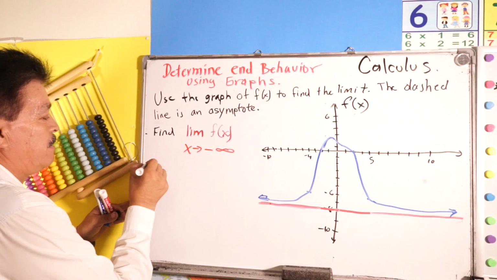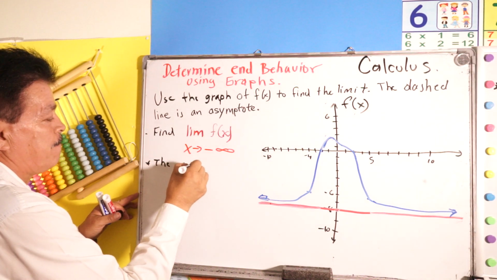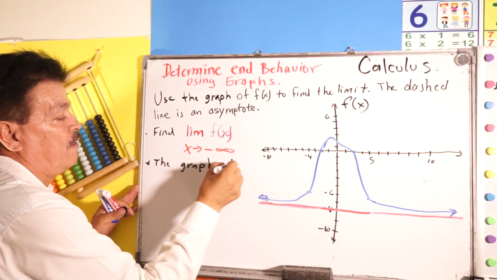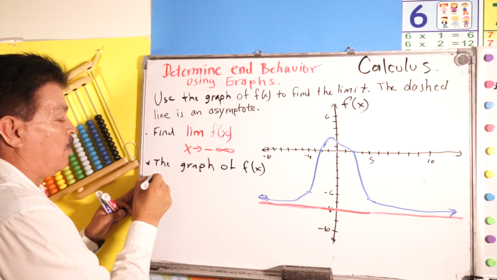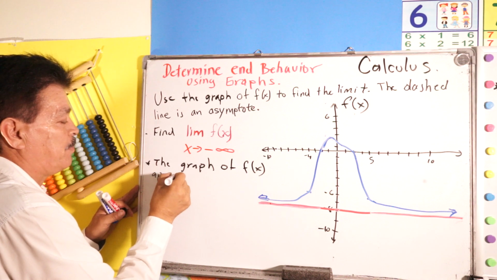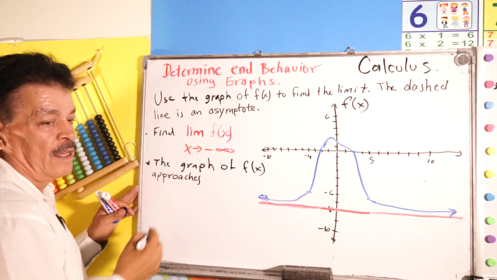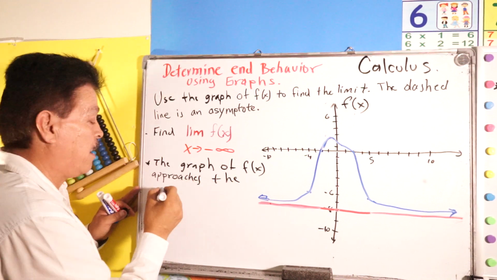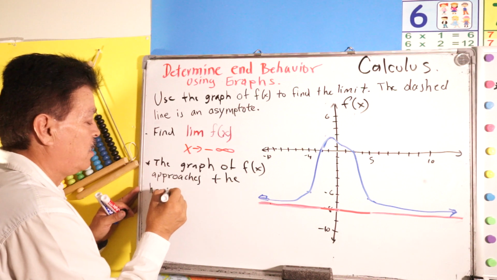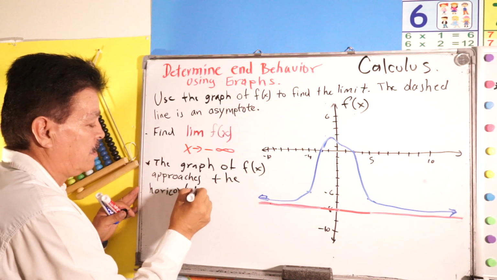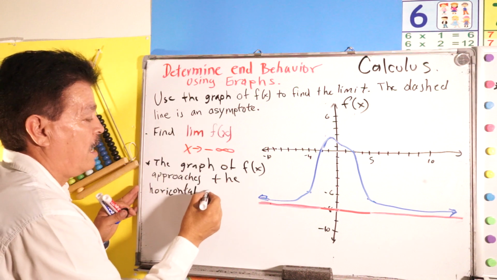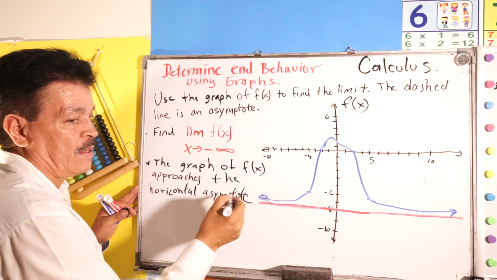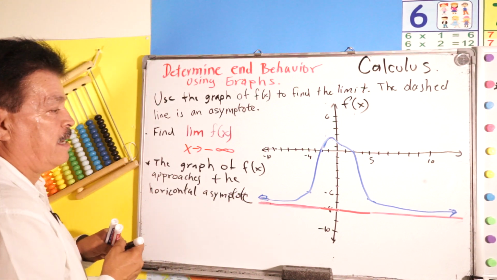Let me write here as a conclusion: the graph of f of x approaches the horizontal line, in this case called an asymptote.